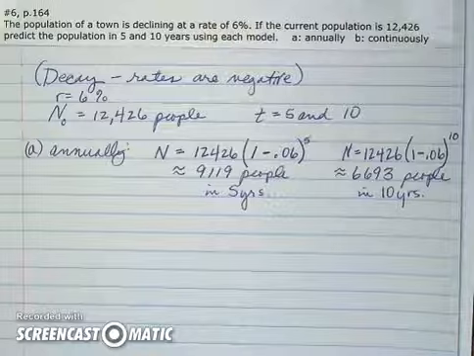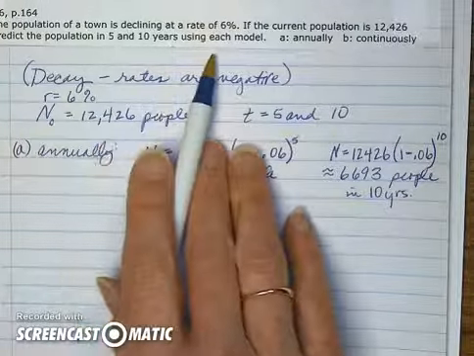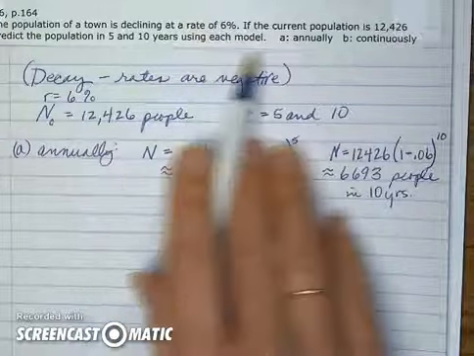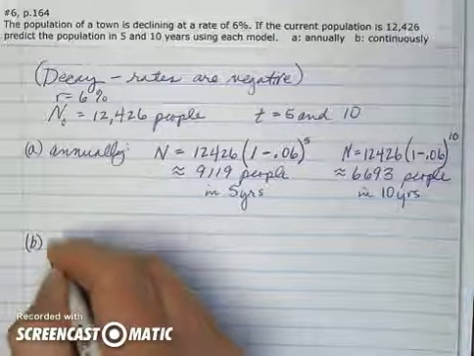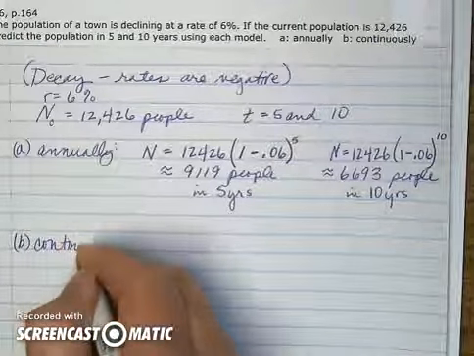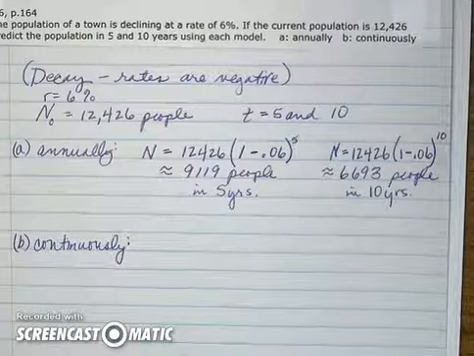Now, if we want to compound it, see if the population is decaying at a continuous rate. So continuously. Then we use the last formula, remember?